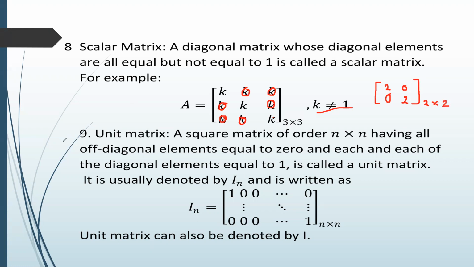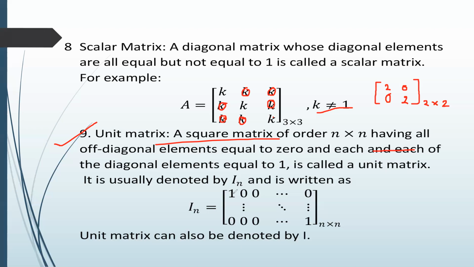Okay. Now we go for unit matrix. A square matrix of order n by n having all off-diagonal elements equal to 0 and each of the diagonal elements equal to 1 is called a unit matrix.